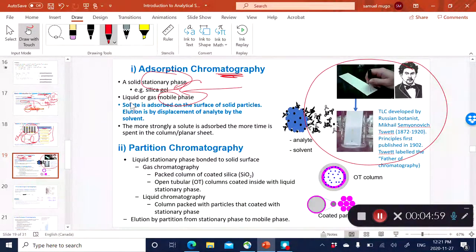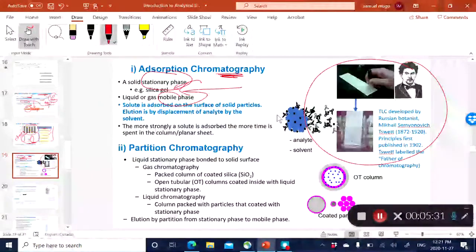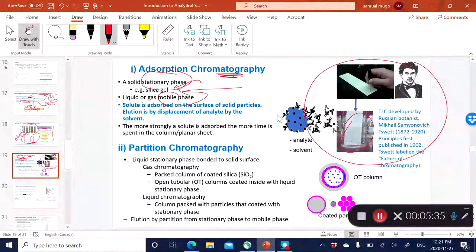The solute adsorbs on the surface of a solid platform, such as a silica gel sheet or even a piece of paper, and the solvent develops or moves the analyte in a planar way on the stationary phase. Based on the relative interaction between the analyte and, say, the silica gel in this case, you get a separation in the end. All right, so it's based on physical interaction.